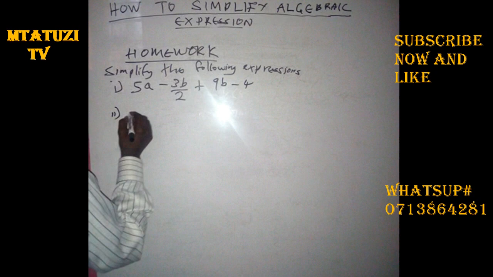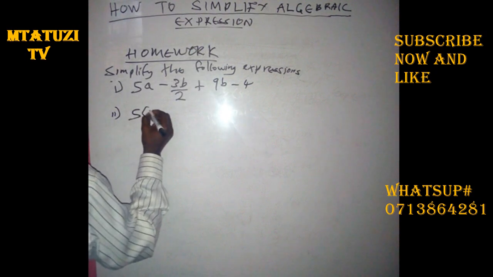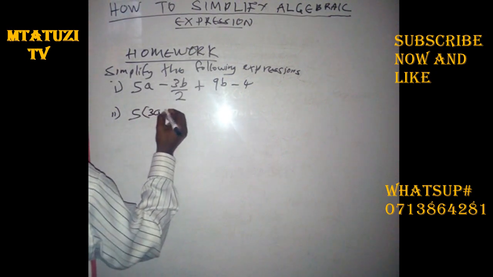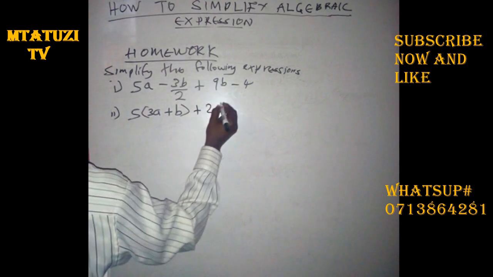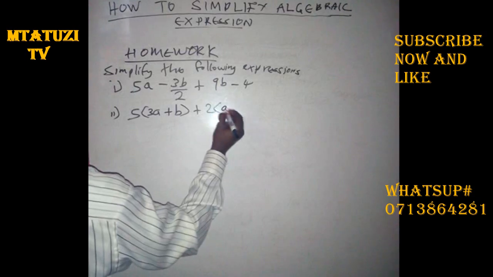Number 2, 5 in bracket 3a plus b, plus 2 in bracket a minus b.